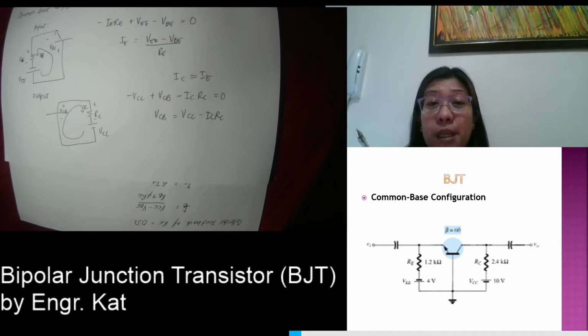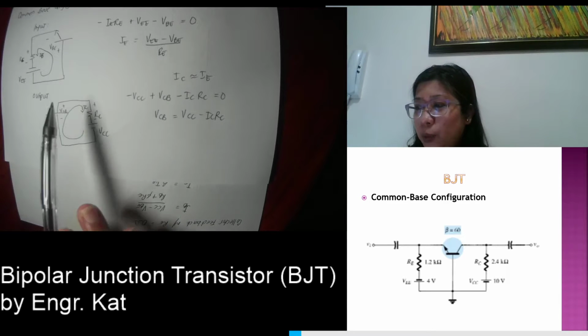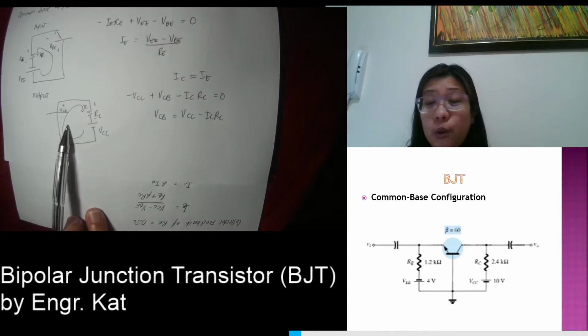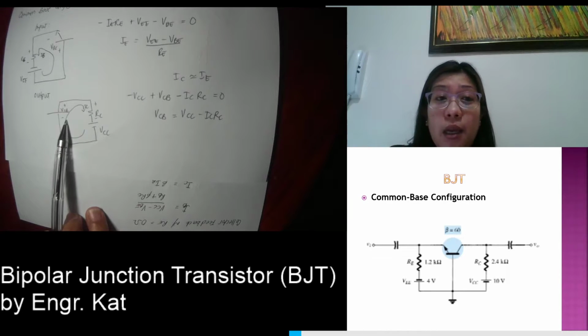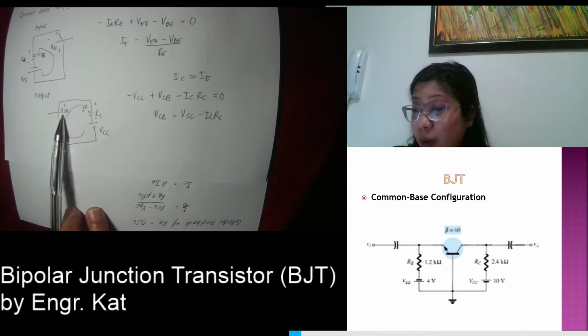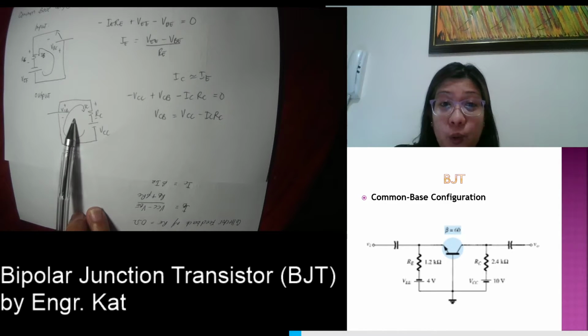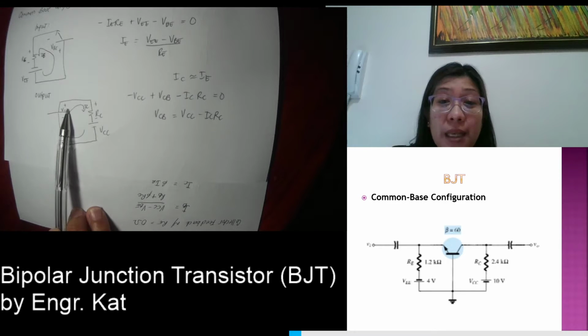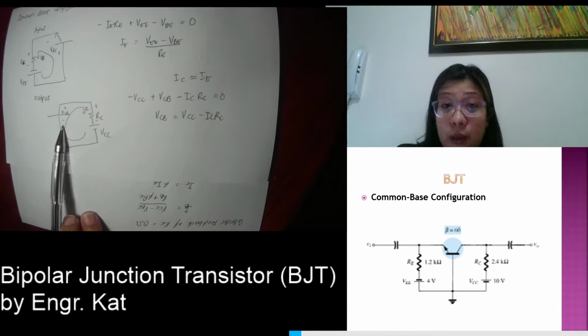So the output is being taken between the collector and the base, so we will be calling that voltage VCB instead. Why VCB? Collector to base voltage. Okay, with the polarity positive, the collector is positive with respect to the base.